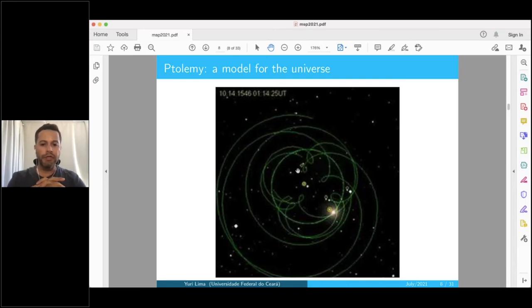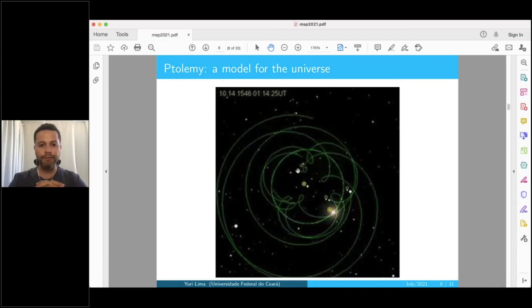And well, to understand the model that Ptolemy created, we have to understand that at that time, everybody believed that we were the center of everything. And if we were the center of everything, nothing more natural than putting the Earth at the center of the universe. So the first paradigm that Ptolemy made was that Earth is the center of the universe.